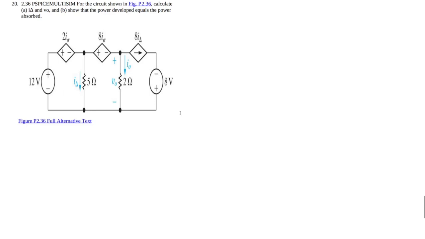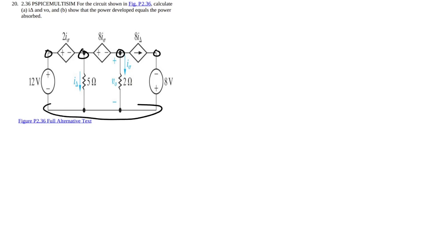Okay, so for 2.36, this one looks very, very intimidating because you have 3 dependent sources and 2 independent sources. But it will ultimately go back to your fundamentals and everything sort of makes a little bit more sense. So anyway, number one thing I'm going to do, identify nodes.